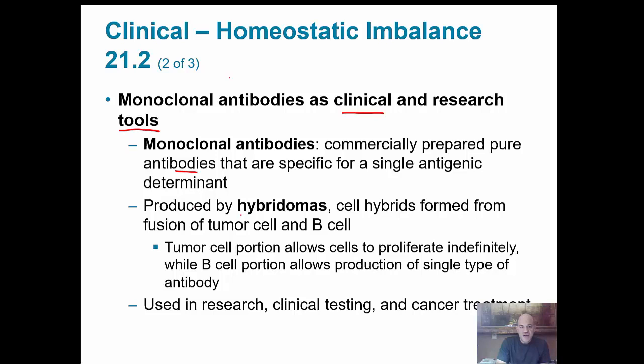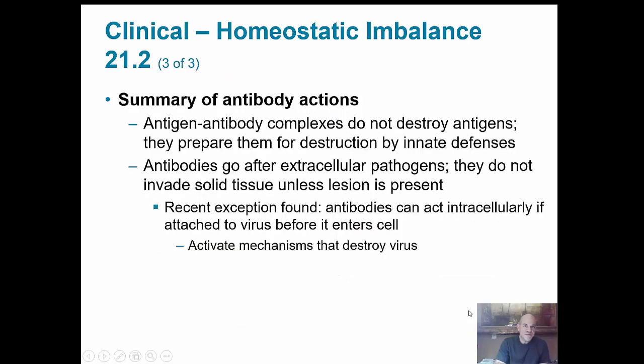And the way they're produced is by hybridomas, which are cell hybrids that form between the fusion of a tumor cell and a B cell. The tumor cell portion allows the cell to proliferate indefinitely, as tumors can, and the B cell portion allows for the production of a single type of antibody. So what you get is a lot of antibody produced here, and these are used again in research, clinical testing, and in cancer treatment as well.